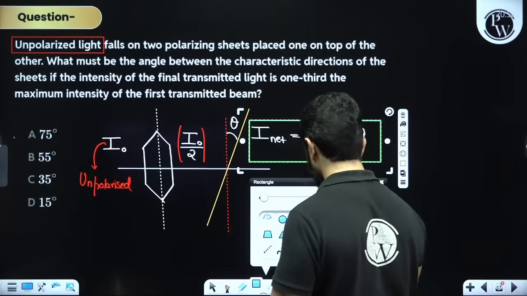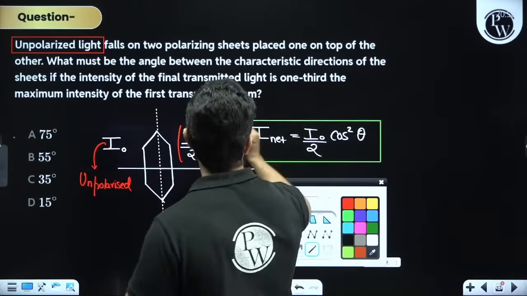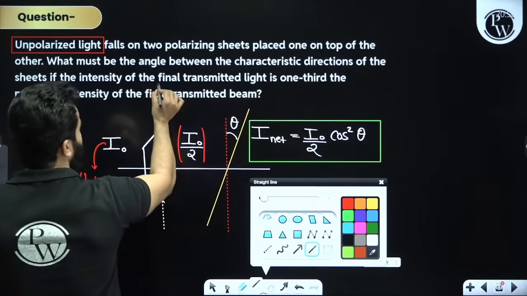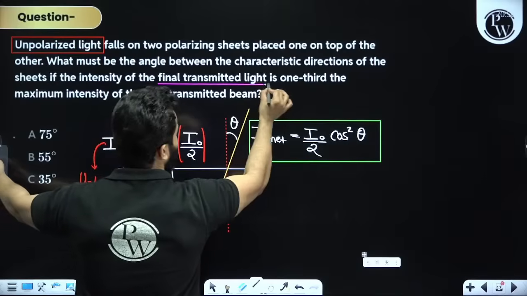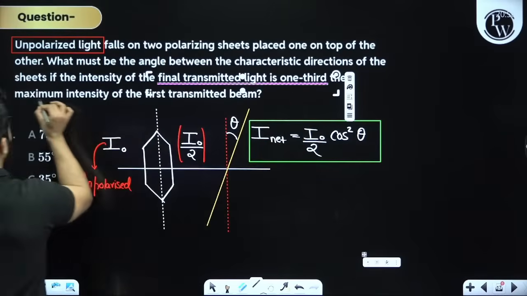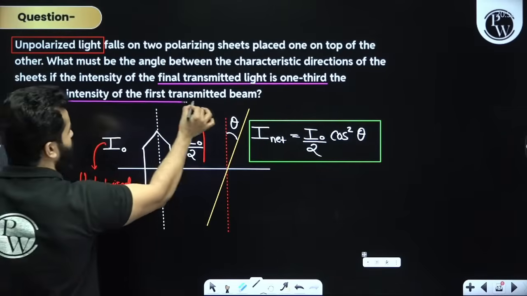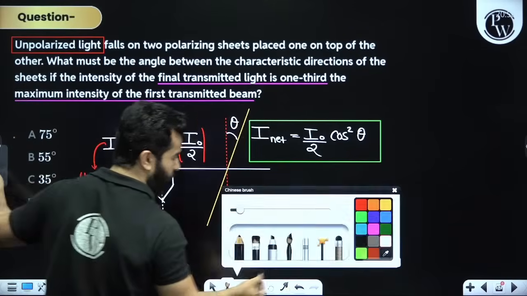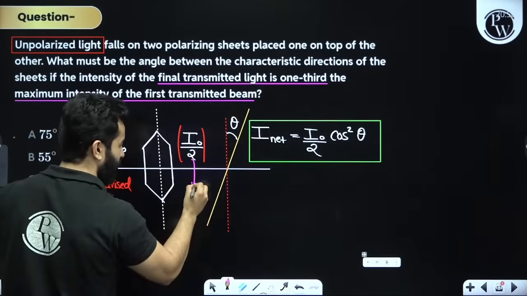Now they are saying, friends, that the final transmitted light is 1/3 of the maximum intensity of the first transmitted beam. This is the first transmitted beam.